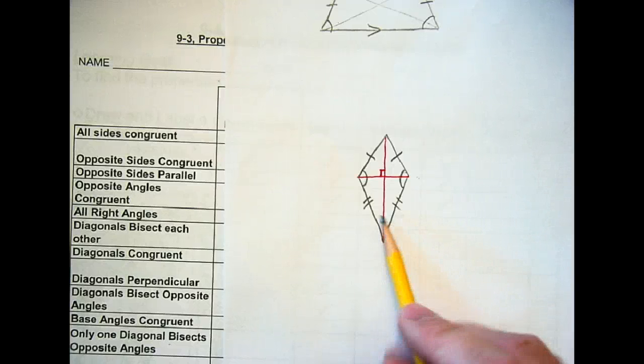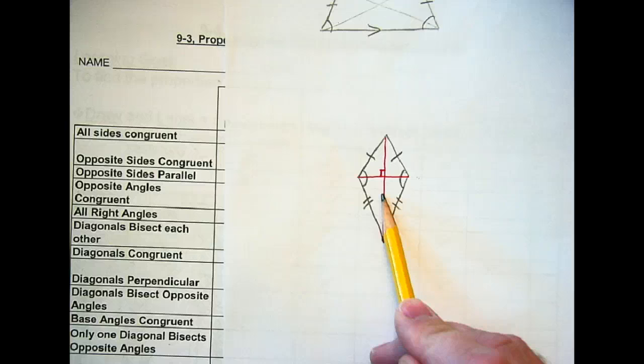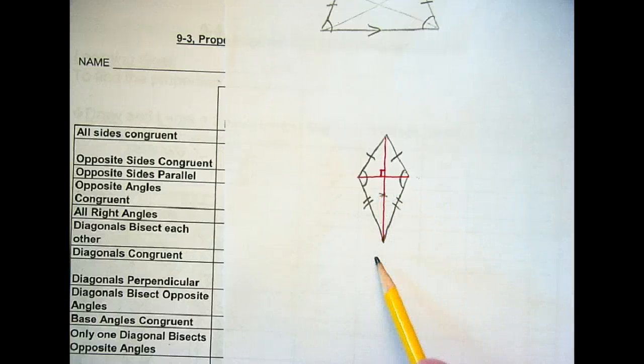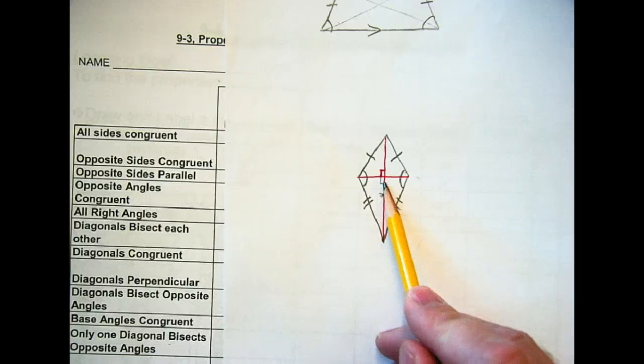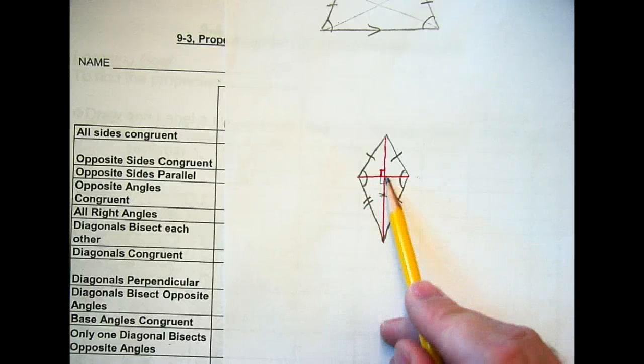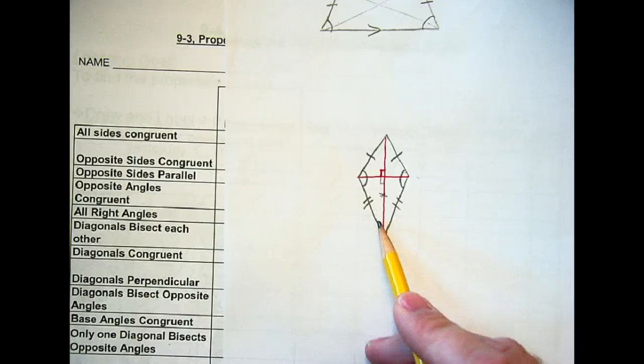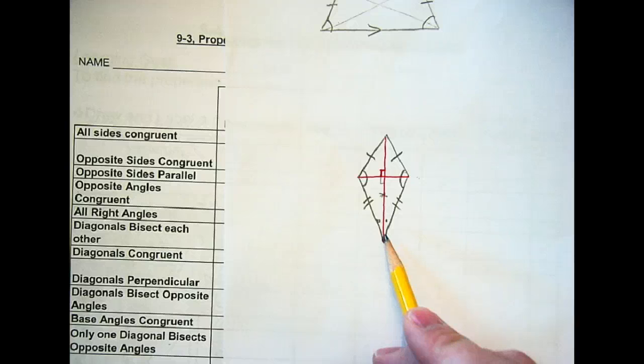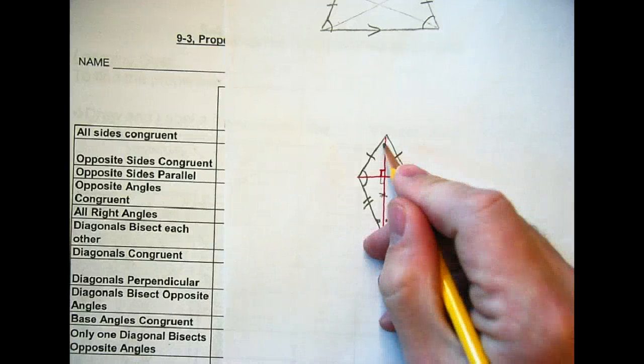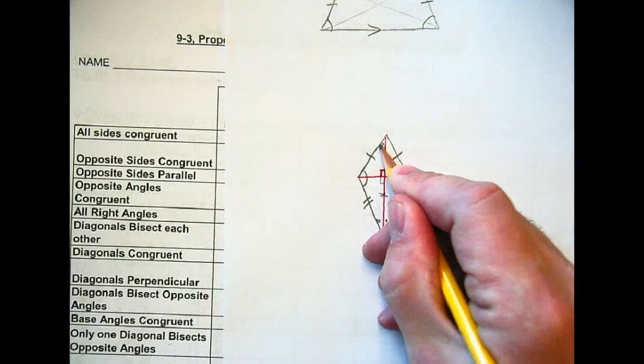How about this diagonal, does it bisect this angle? Yes. You can actually notice this. This side is congruent to itself using reflexive, and this is a right angle. You have hypotenuse-leg right here. So that means this angle is congruent to itself by hypotenuse-leg and CPCTC. Same thing can happen over here.